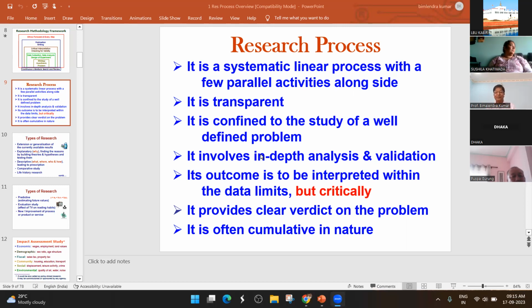So its outcome is to be interpreted within the data limits, but critically. Whatever you are writing based upon any literature, Pali, Sanskrit Buddhist, Japanese, Chinese, or Tibetan literature, it must be within the data.